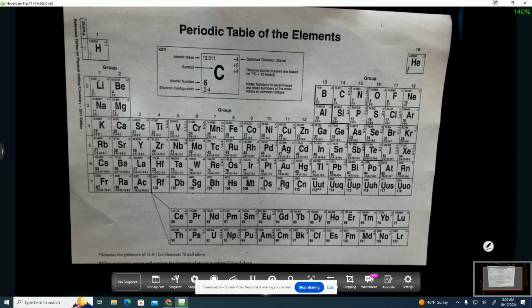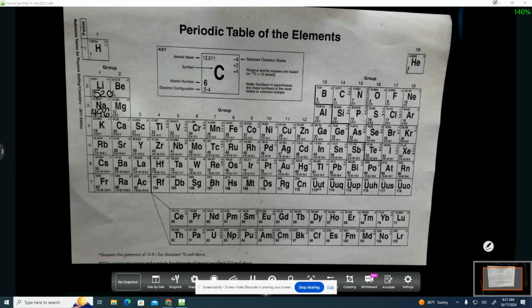Somebody give me the ionization energy of lithium. 520. All right, you've got to say it like you mean it so I can hear you, because remember, I'm old. My ears don't work as well as young people's ears. What about sodium? 496. See, that worked better.